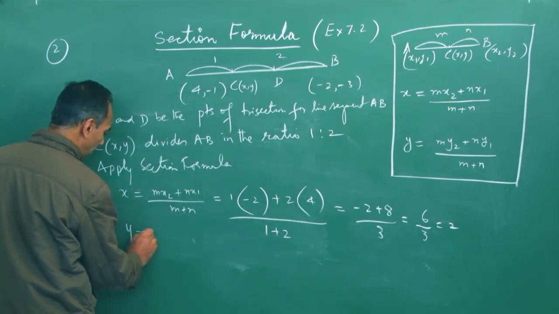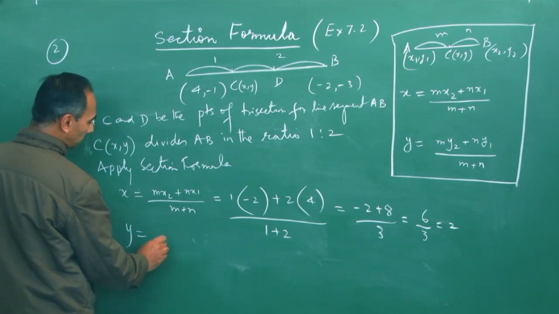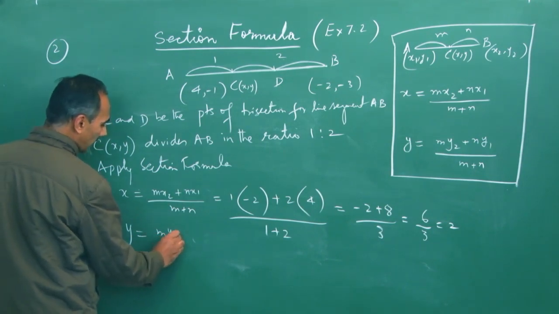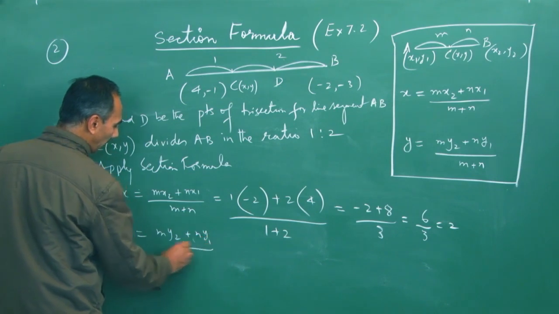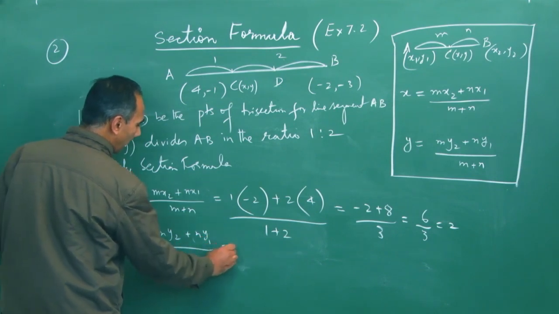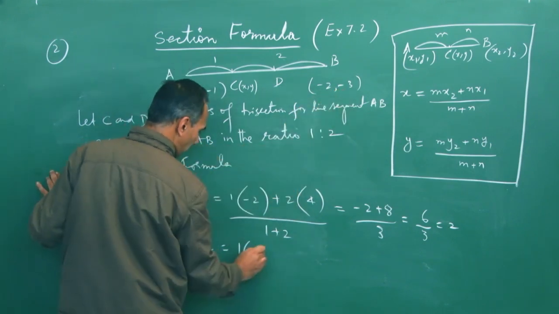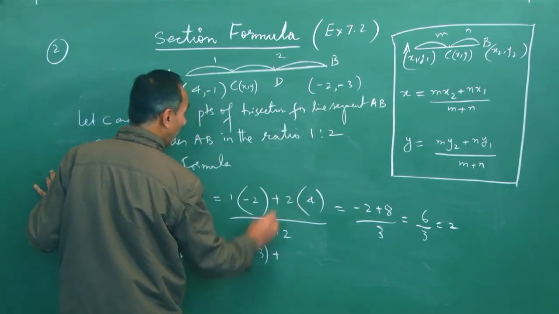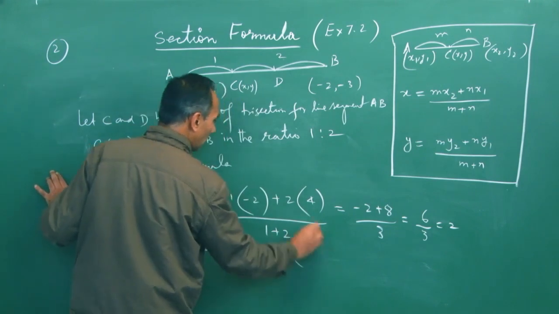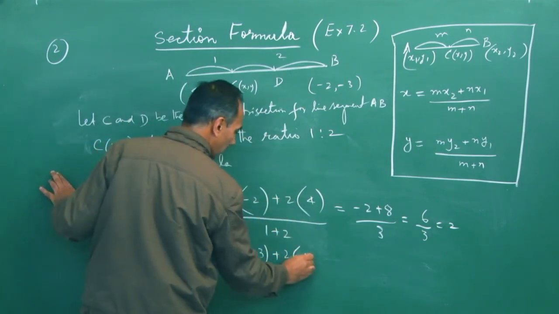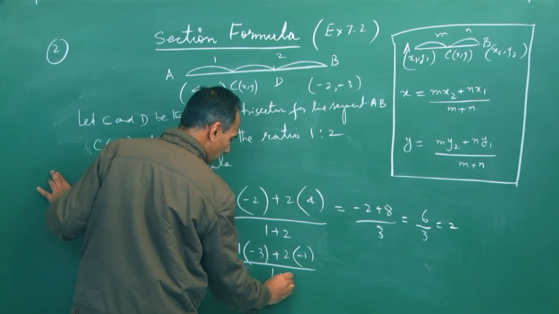Now what about y? It's my2 plus ny1 divided by m plus n. Again, m is 1 into y2 is -3 plus n is 2 into y1 is -1 whole upon 1 plus 2.